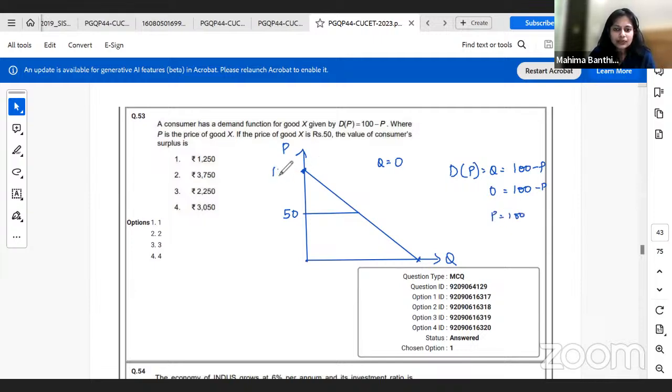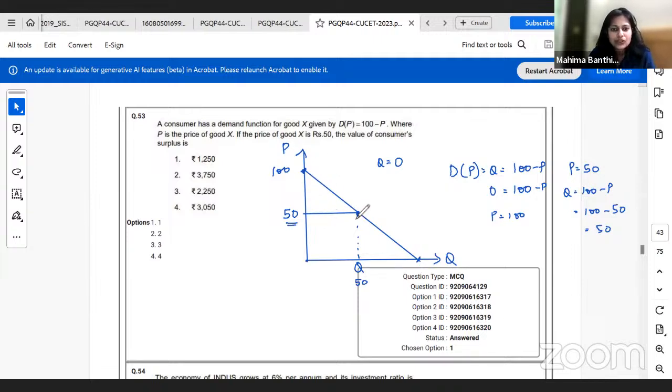Okay, this is 100 here. Another point that we need is this point. If you put 50 in the demand function, you shall get the value of Q that corresponds to the price of 50. So if P is 50, Q is equal to 100 minus P, which is equal to 100 minus 50, which is 50. So this point here is also 50.